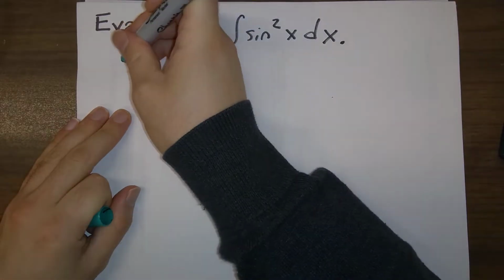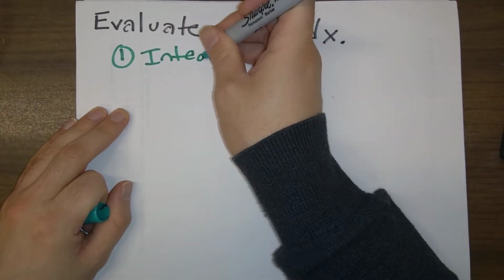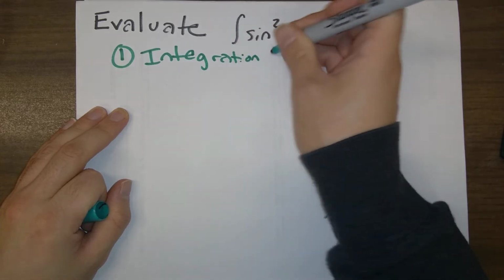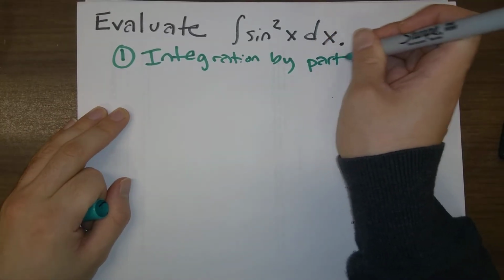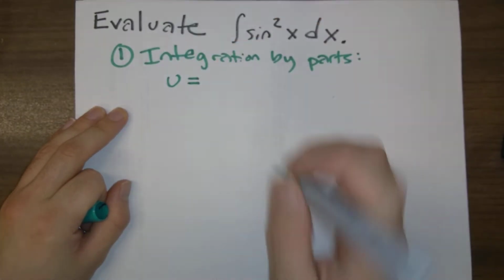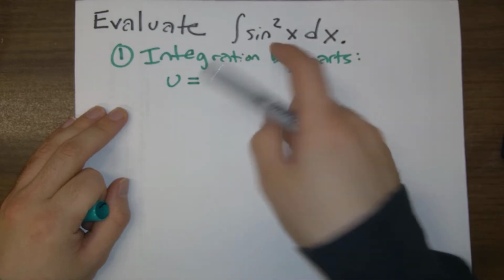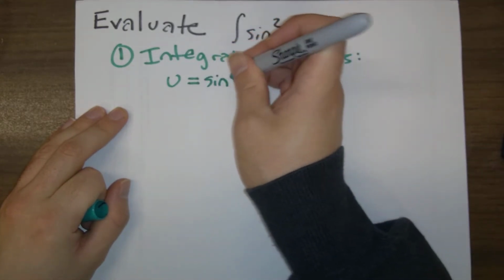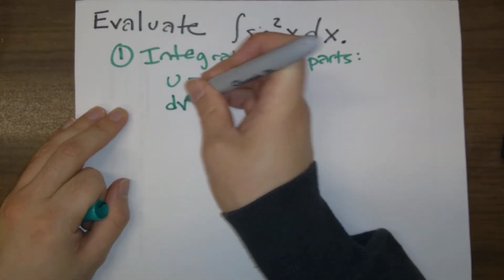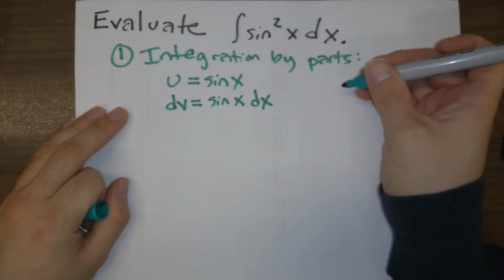One way you can do it is integration by parts. I'm not going to carry out that calculation here, but I'll say the choices you should make. You should split up sine squared x as sine x times sine x. Then u can be sine x, and dv can be sine x dx.